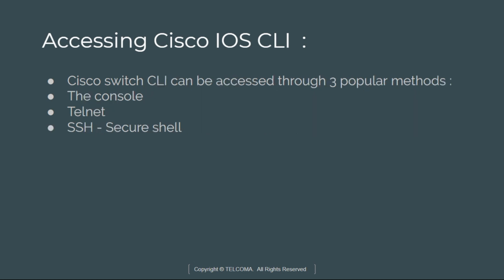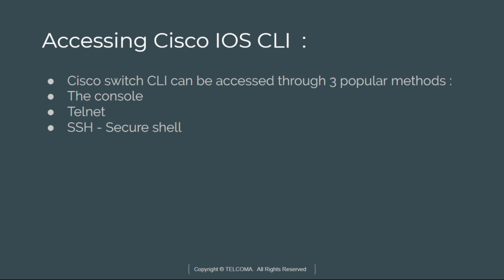This can be accessed through three popular methods. What are the methods? We can use console, Telnet, or Secure Shell, SSH. Telnet and SSH use the IP network in which the switch resides to reach the switch. Console is a physical port to allow access to the command line interface.